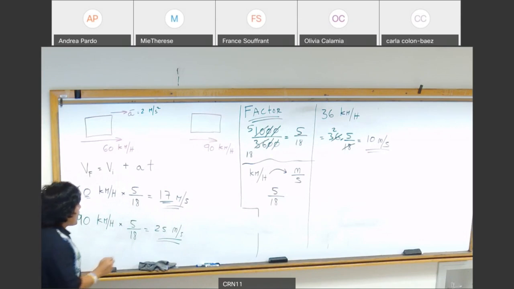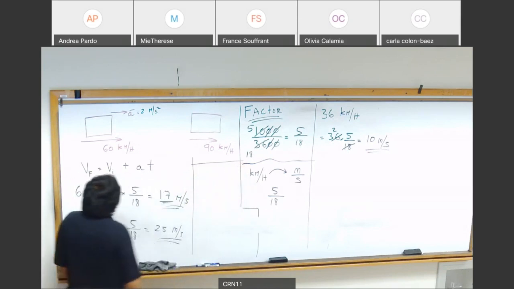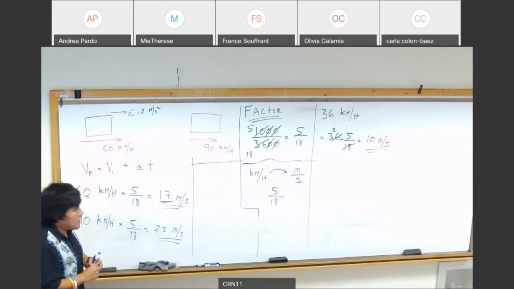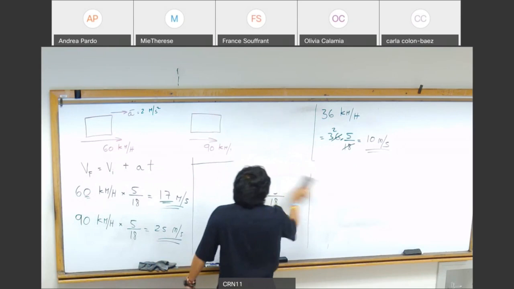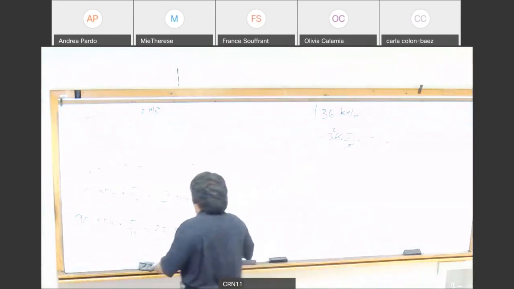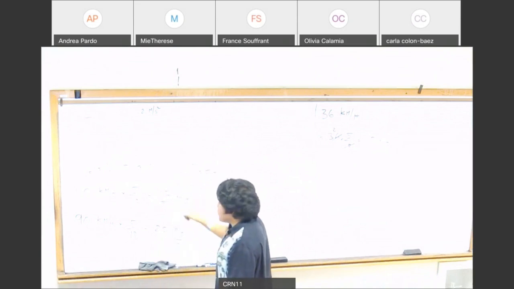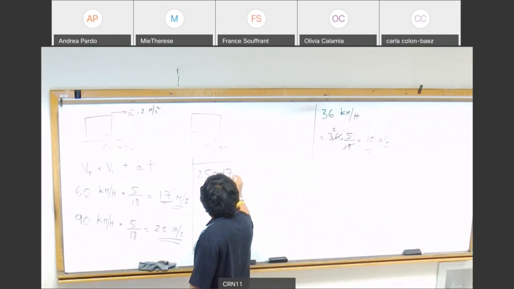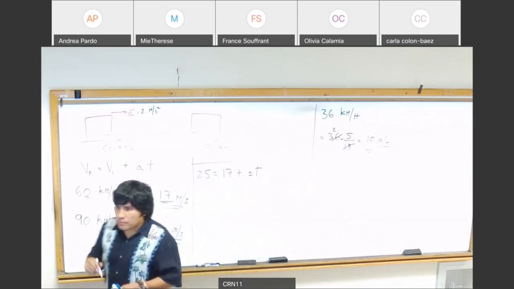All right, so now I use the equation V final equals V initial plus AT. I have acceleration, and then I can find the time, right? So 25 equals 17 plus, what's the acceleration? 2 times time.